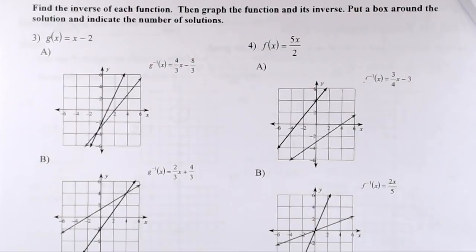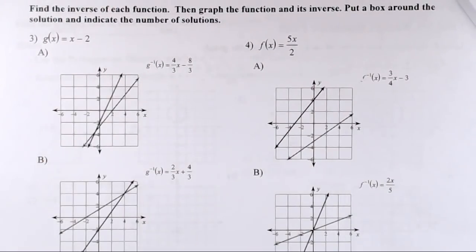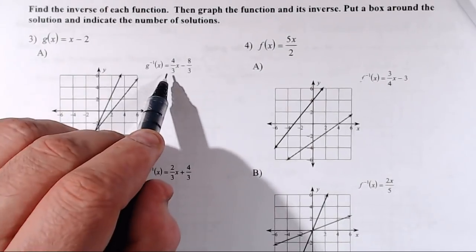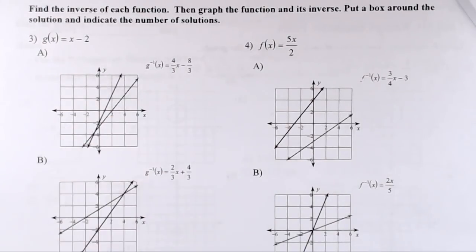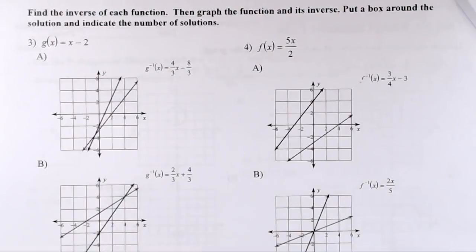Now, I told you to indicate the solution and the number of solutions. So even though your answer choices only give you equations and graphs, what you're supposed to produce is a graph, an equation of the inverse, and the solution to that system of equations consisting of the original function and its inverse. And then you have to tell me how many solutions exist.